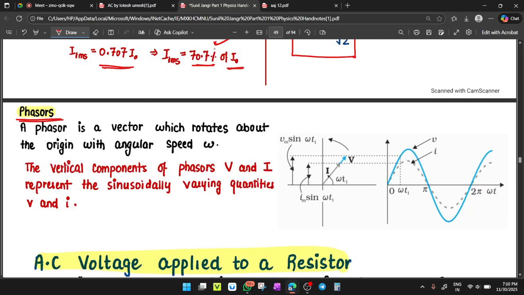The vertical components of phasors V and I represent the sinusoidally varying quantities V and I. So try to understand what a phasor is.